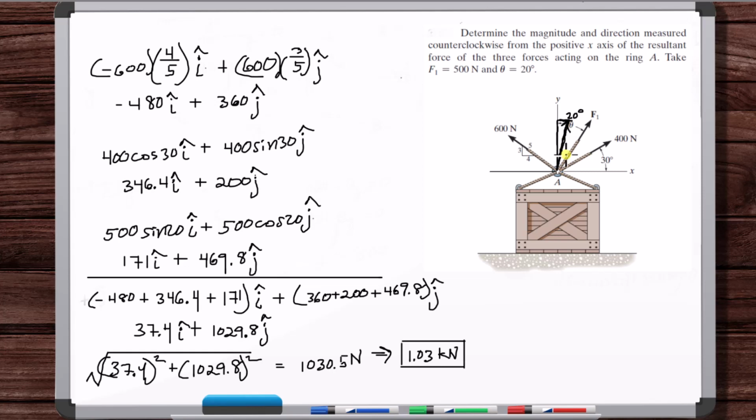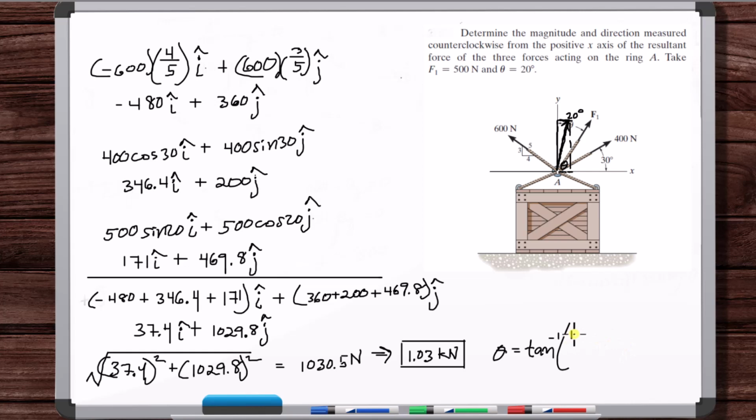Okay, it's asking for this angle here. It wants that angle. So we arctangent of this over this. And don't put any negatives. You're just putting magnitude. So theta is equal to tangent minus 1 of the y over the x.